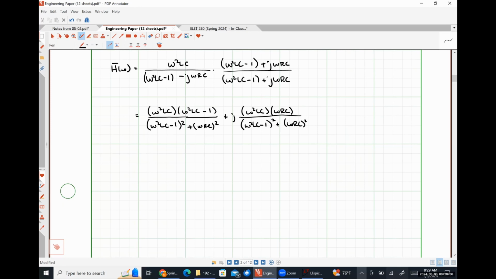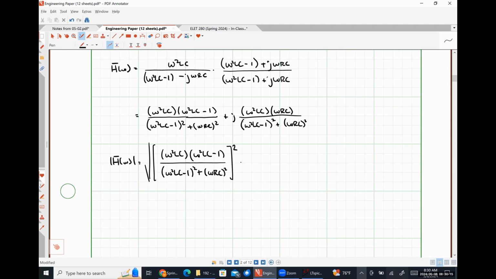So our magnitude response, as always, is just the square of the real part plus the square of the imaginary part, and then we take the square root of that whole thing. So I'm going to have omega squared LC times omega squared LC minus 1. Omega squared LC minus 1 squared plus omega RC squared.